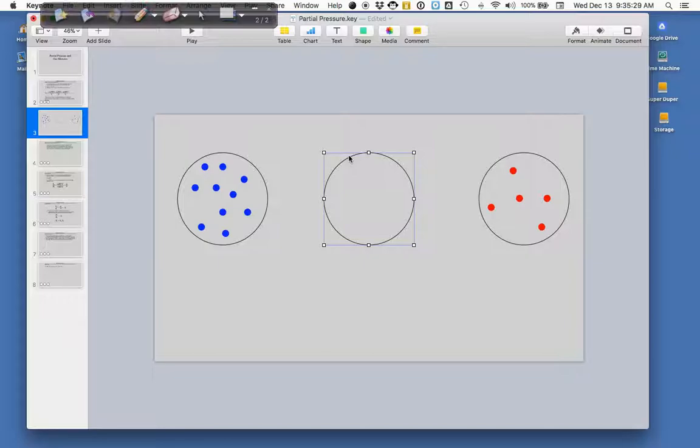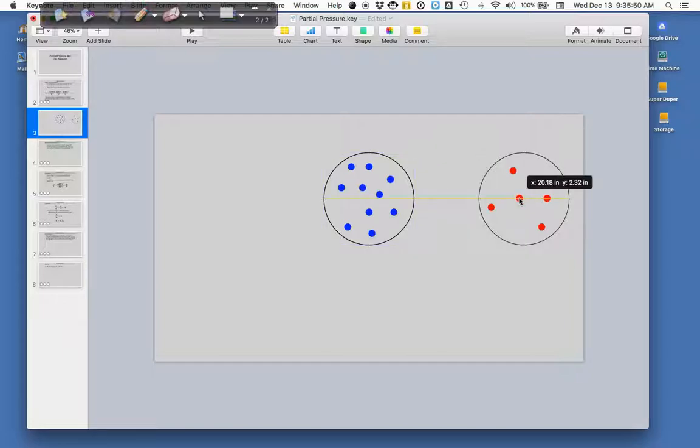Okay, now guys, what we're going to do is we are going to mix these gases together. Ready? So we are going to take blue gas and we are going to squirt it into that container. What is now the pressure of the gas inside that container? 2 atmospheres.